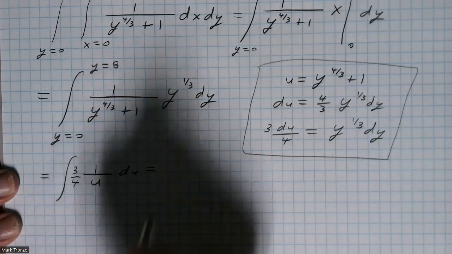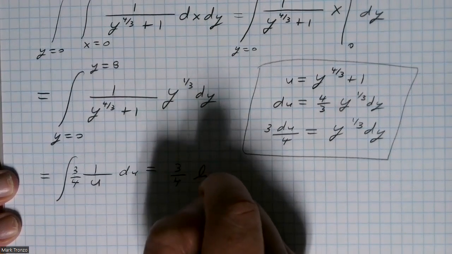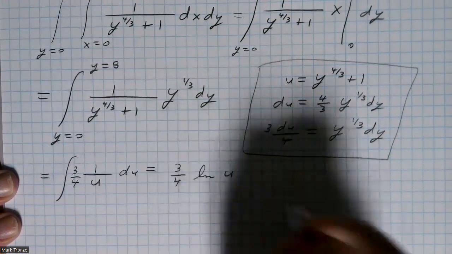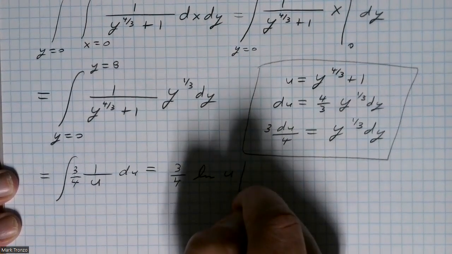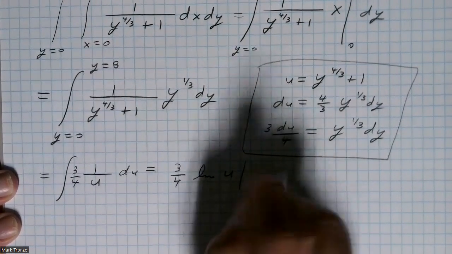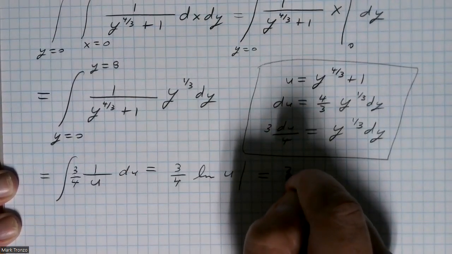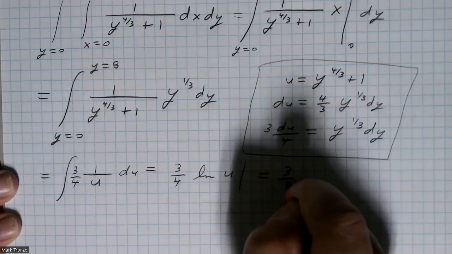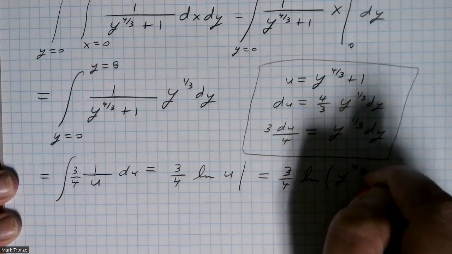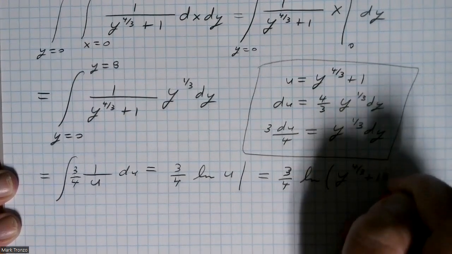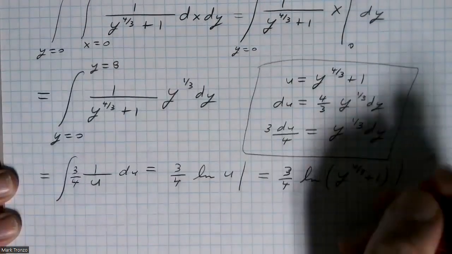Of course, that's going to be log. 3/4 log of u. And again, I'm going to go ahead and put the original function back in. 3/4 log of y to the 4/3 plus 1 from the bound 0 to 8.